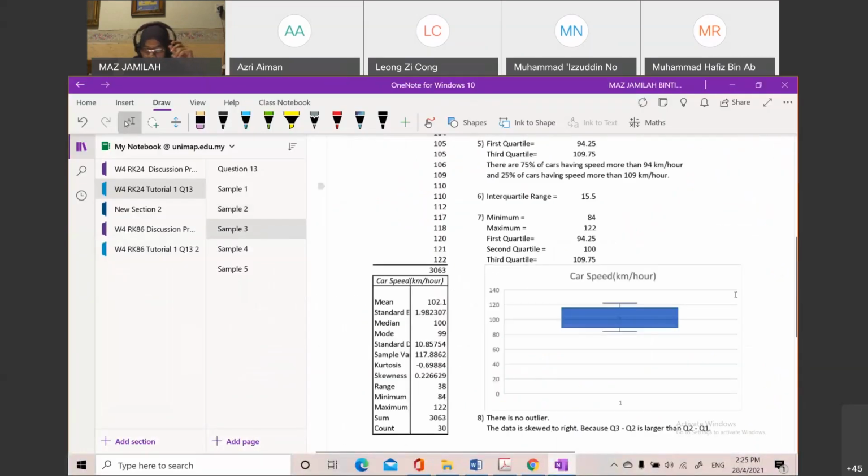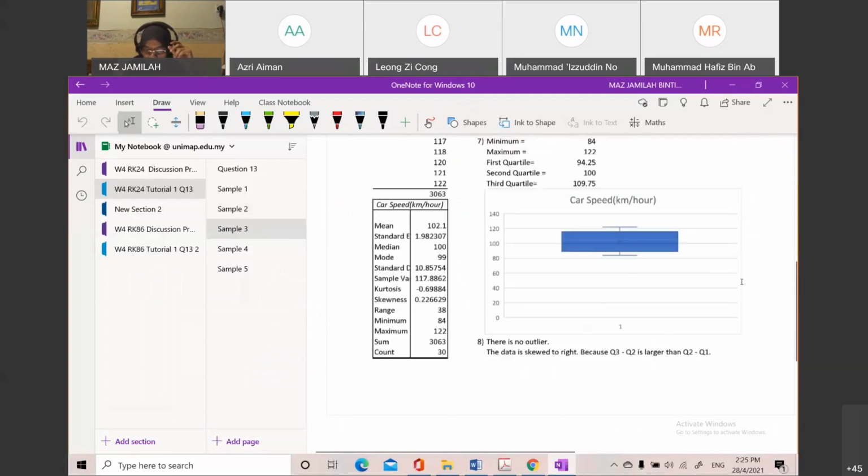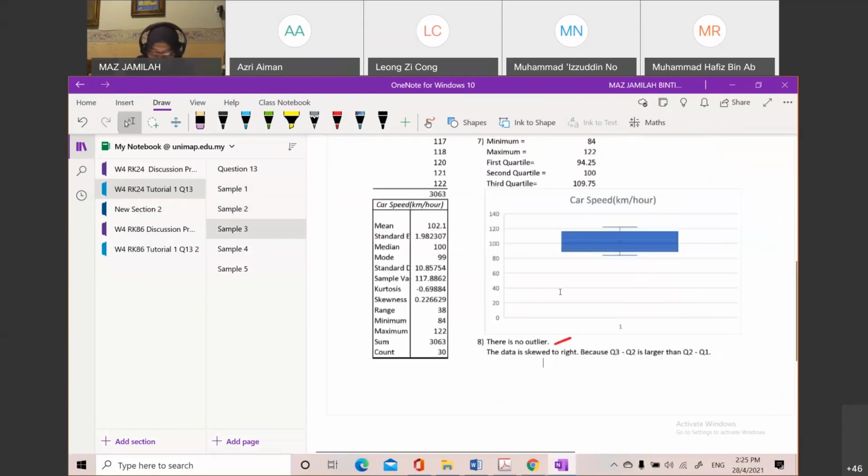What about sample 3? For sample 3, you only say there is no outlier without any basis, because the question asks you whether there is an outlier or not. So in fact, for the second question also, no outlier is considered correct because it does not ask you for interpretation.